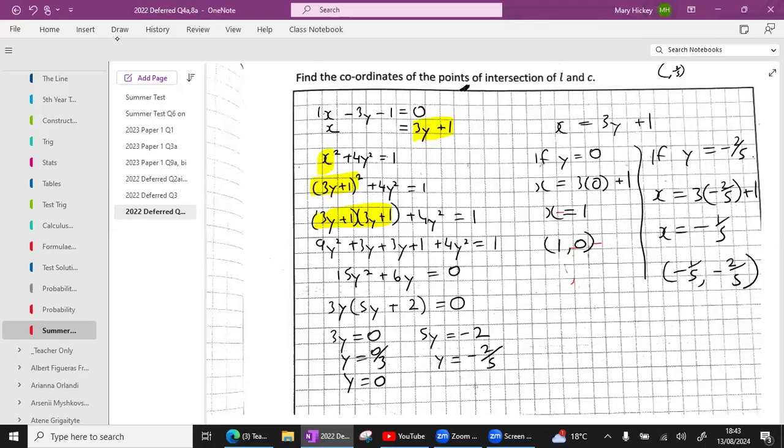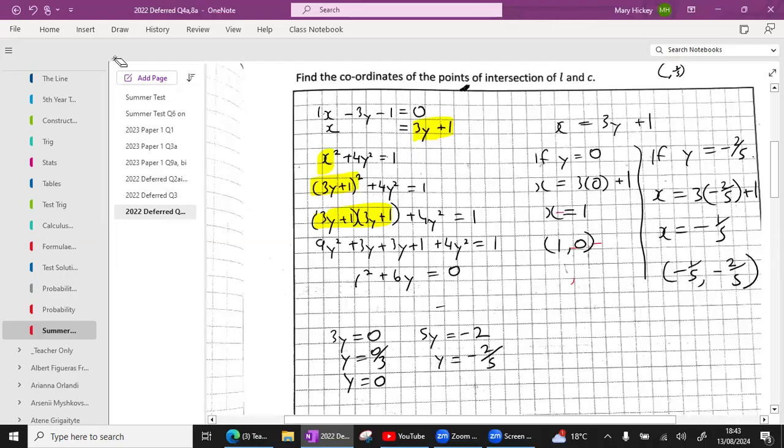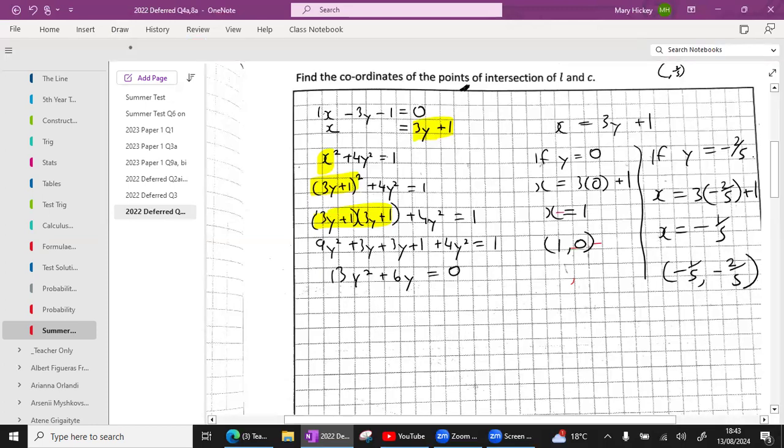Okay, so that should be 13y squared. Sorry, I said 15, but that should have been 13. Sorry, I just want to adjust the end of that then. Okay, so sorry, 13y squared. I had said 15, but it's not 15, obviously. So that would have been factorizing out the y, 13y plus 6.